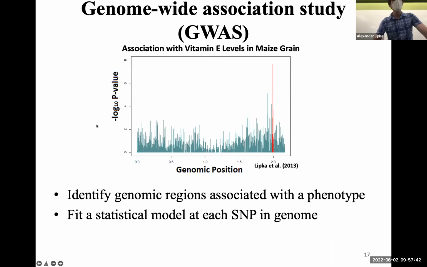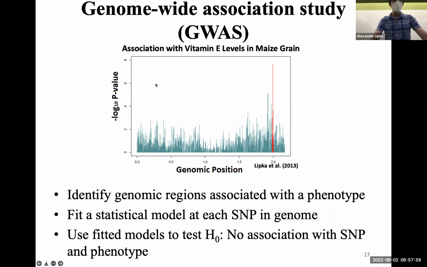The taller the lines are, the stronger the statistical evidence is for an association between that marker and the trait under study, which is alpha tocopherol, vitamin E levels in maize grain. At each SNP in the genome, we fit a statistical model to test the null hypothesis that there's no association between your SNP and your phenotype.